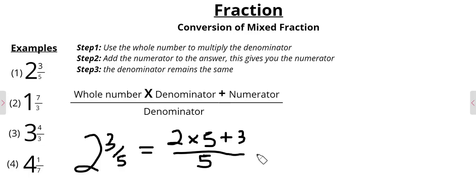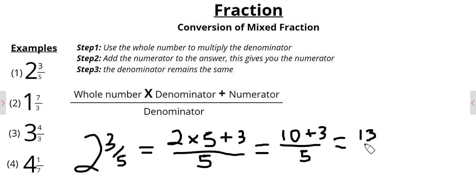So this is simple arithmetic. So 2 times 5 is 10. So we have 10 plus 3 all over 5. So this gives us 13 all over 5. Very straightforward, very simple. That is the answer to example 1.